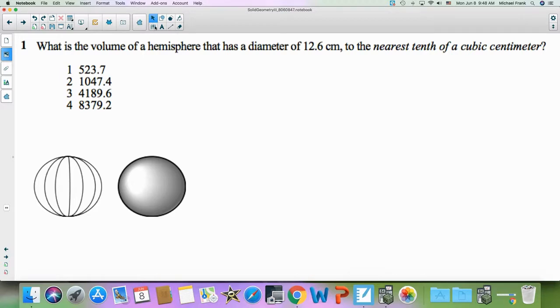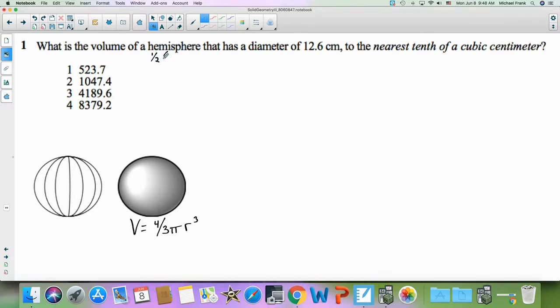Okay, so we know that the volume of a whole sphere, I'll put it down here, is 4/3 pi r to the third power. That is on your reference sheet. However, a hemisphere technically means half a sphere.